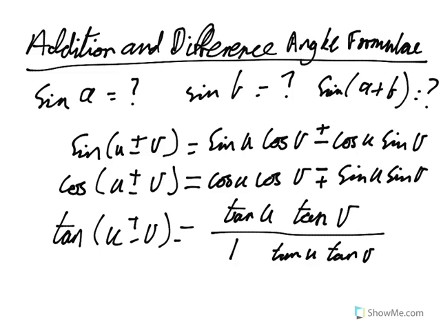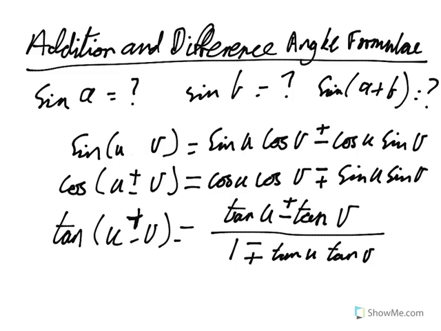So if it's tan of u plus v, it's tan u plus tan v over 1 minus tan u tan v. And if it's tan of u minus v, then minus on the top and plus down the bottom.